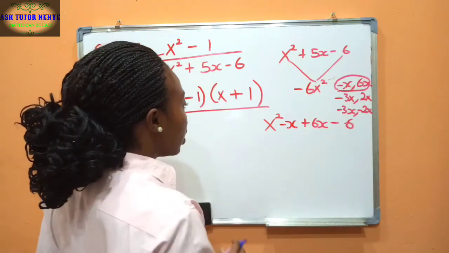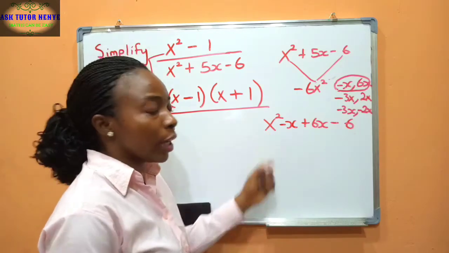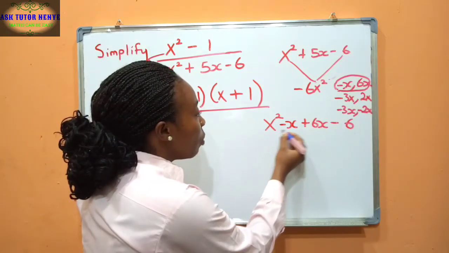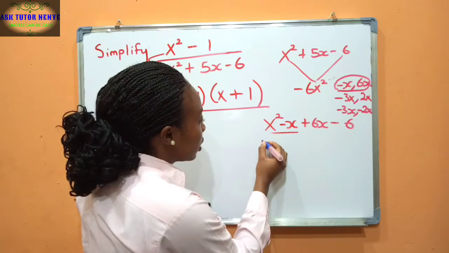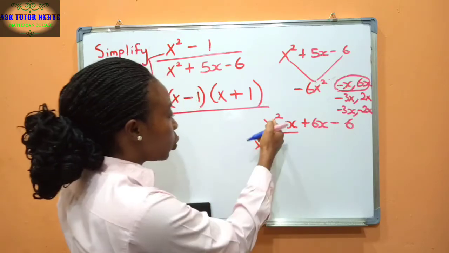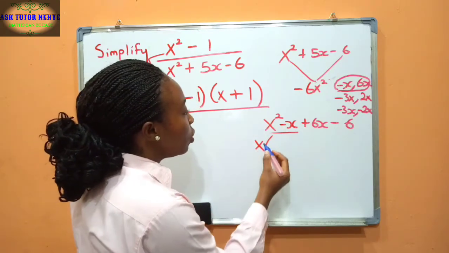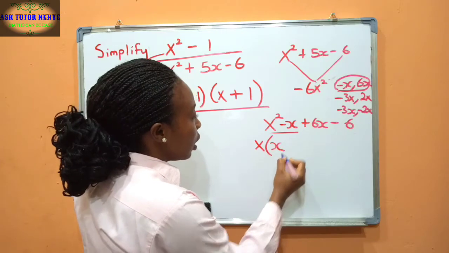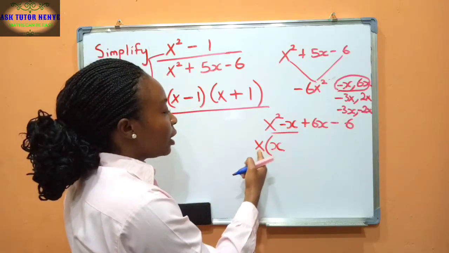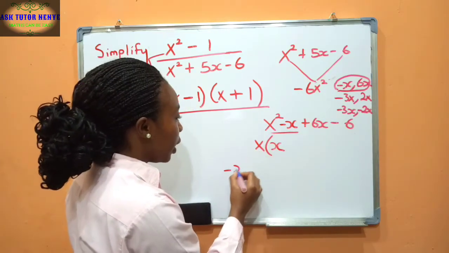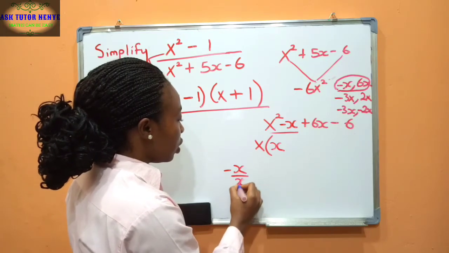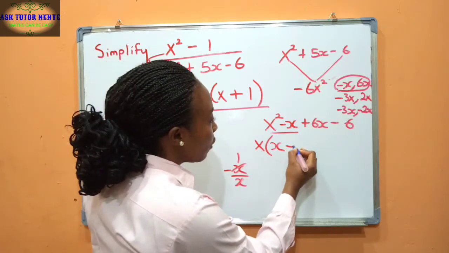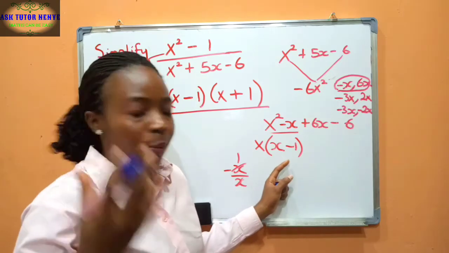So we are going to ask ourselves, what's the common factor here? The common factor here is x. So x squared divided by x is going to give you x. And minus x divided by x is going to give you minus 1. So we're going to have minus 1 here.